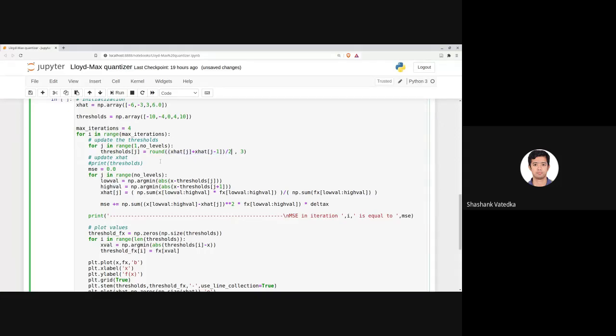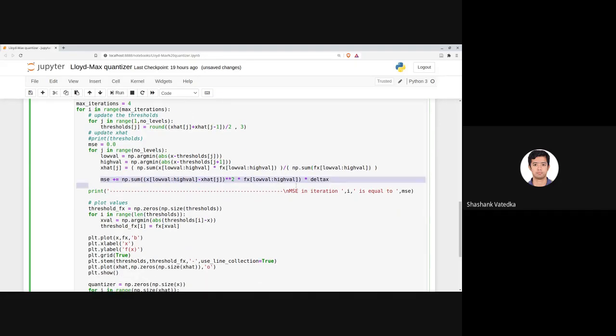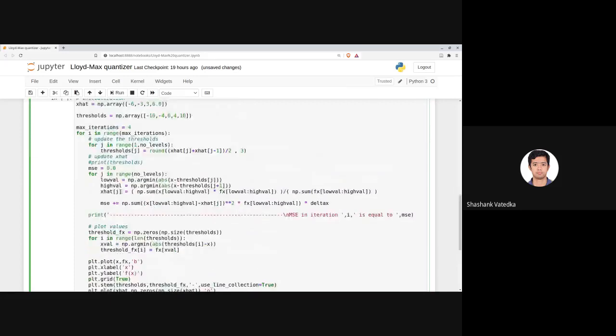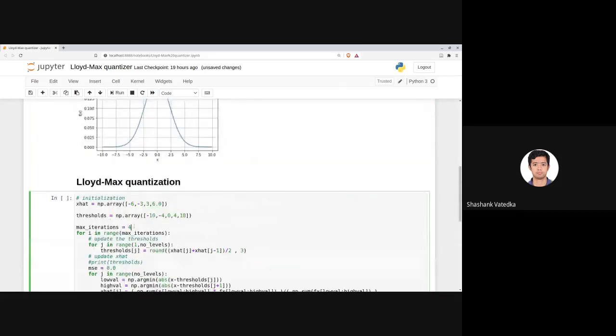I'm just rounding it off to 3 bits, but that's not particularly important. Then I'm going to minimize the mean squared error over x hat. The x hat is the integration of x f of x divided by the integral of f of x between alpha i minus 1 and alpha i. At each iteration I'm also calculating the mean squared error. So that is what I'm going to do. And let us say I run it for just one iteration.